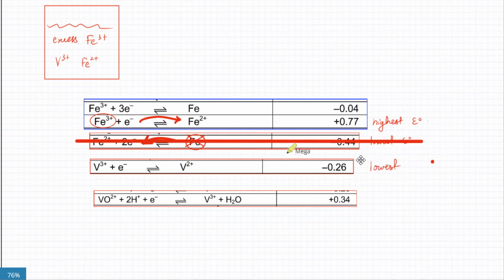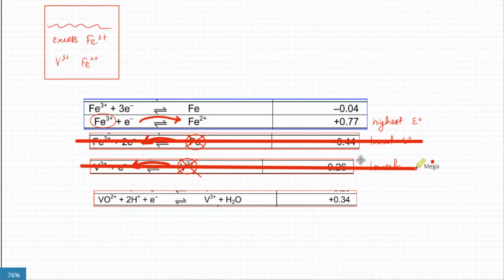So that means V2+ is the one that's going to get oxidized. But again, the issue is we don't have any V2+ anymore. Look at the beaker, there's no V2+ in it. So that is not there, so cut that out. Who's the lowest E naught now after that?